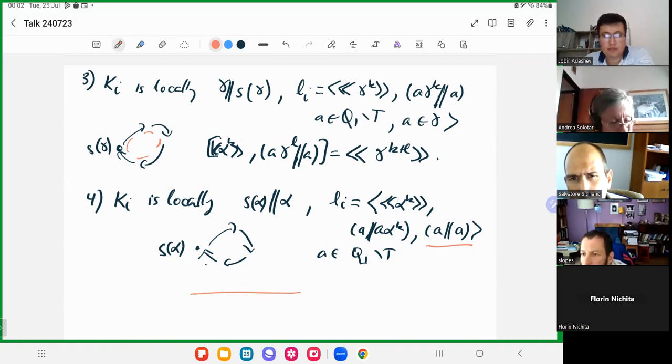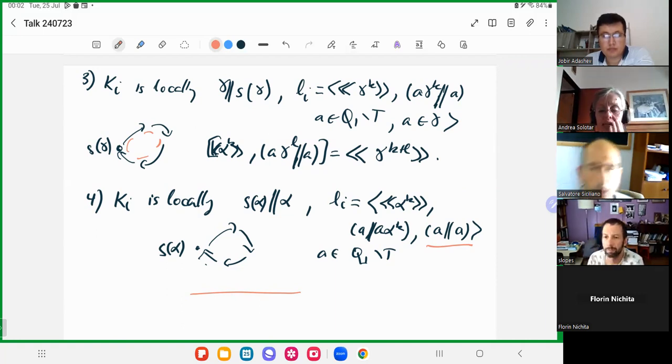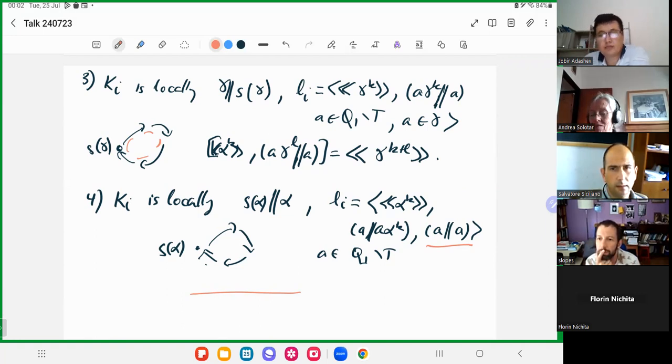Connections to coalgebras. A few comments on the comments of Jacques, I suppose, because a lot of things about the Gerstenhaber bracket have been studied by both Gerstenhaber and Jacques.